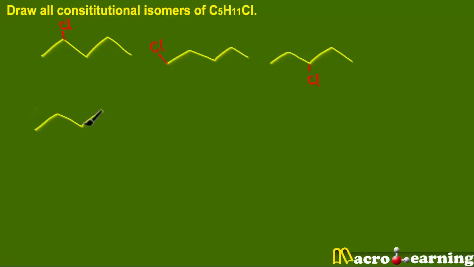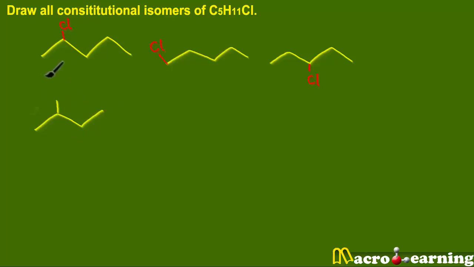Now we've got to maintain this 4 carbon main chain when we play around with the substituents. So the substituents can only be here or here, right? And being here or there would give us the same structure. So this is the only pentane structure that has a 4 carbon main chain.